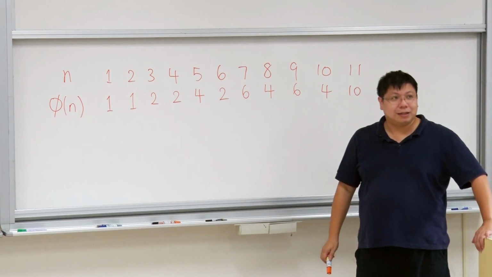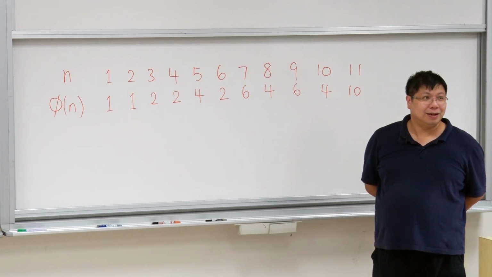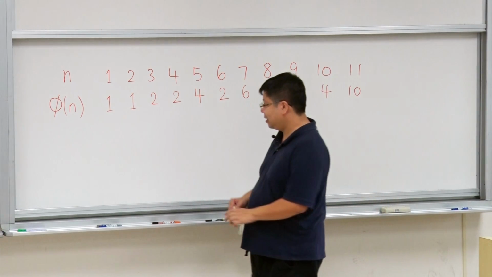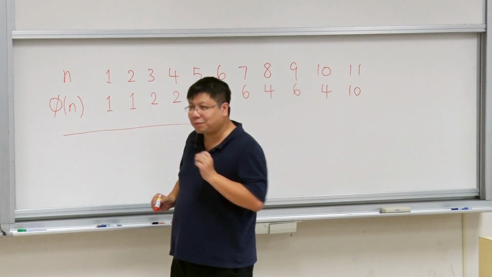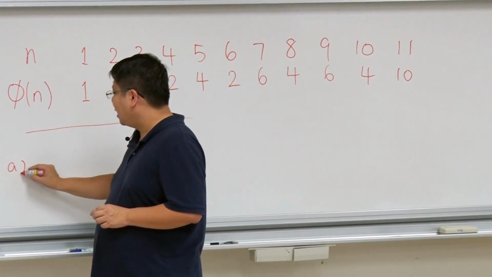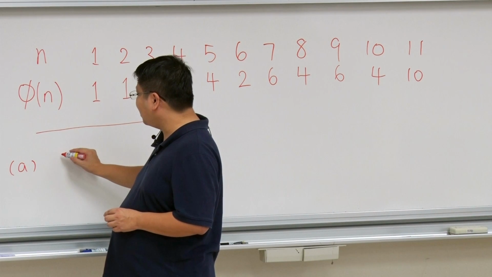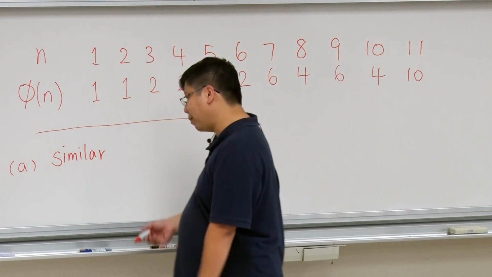Now we are going to study this Euler-Phi function, and it has a lot of interesting properties. We are going to see 2 interesting properties. The first property is that we can define something similar to Fermat's little theorem.